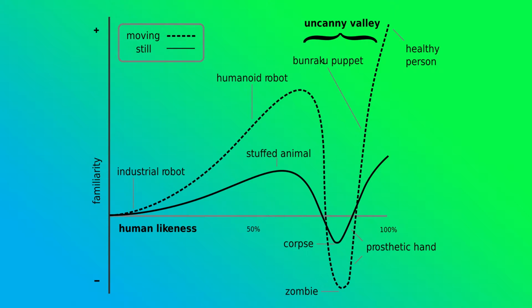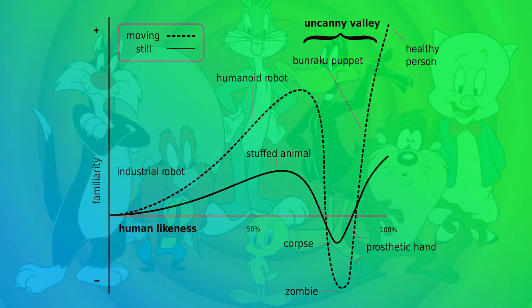When we look at people's emotional response to how much like a human something looks, we find that the familiarity increases steadily as things become more human-like. However, when we get to a certain point, our emotional response to increasing human likeness becomes negative quite fast, dipping for a while before turning back to positive again when something resembles a healthy, acceptable human being.